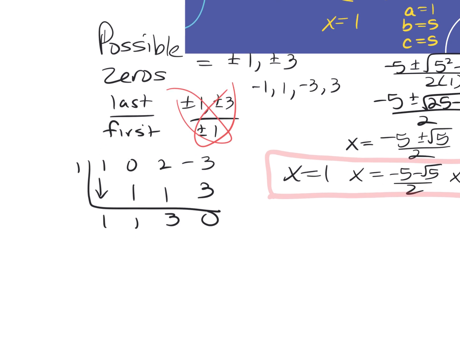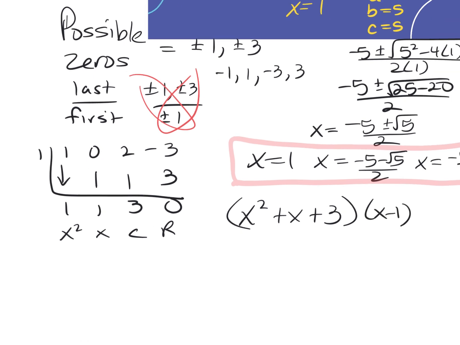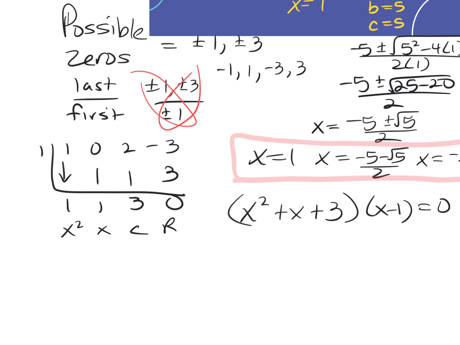I'm now going to add back in my variables, and now I can use quadratic formula. X squared plus x plus 3. So this is a factor, and then also the one from the beginning. These are the factors. This gives me x equals 1. This one, there are no factors of 3 that will give me 1.